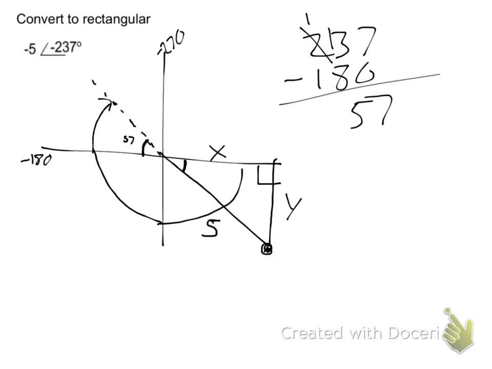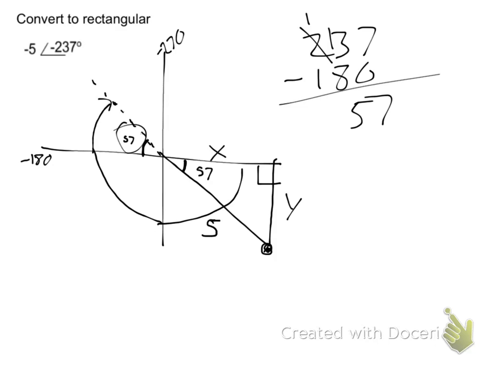Okay, now we found that this angle here is 57 degrees. That means our angle over here is also 57 degrees. That's the theta we are going to work with.